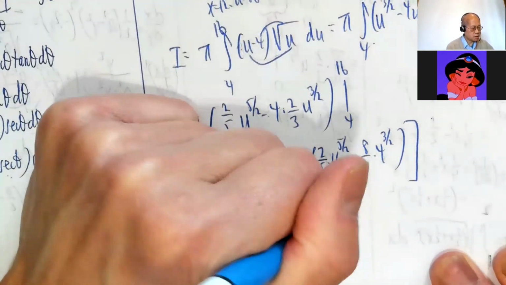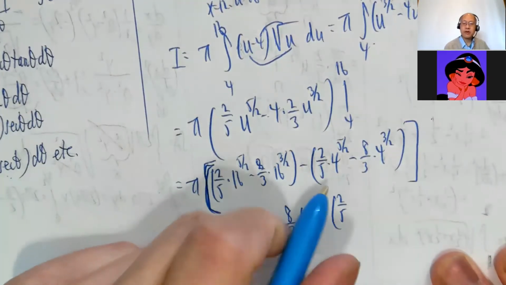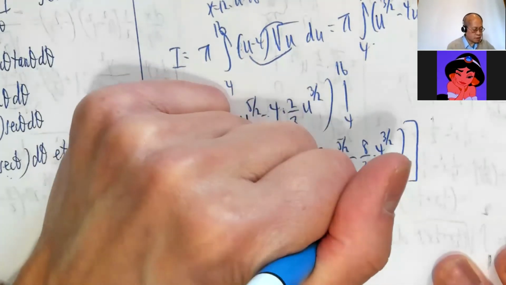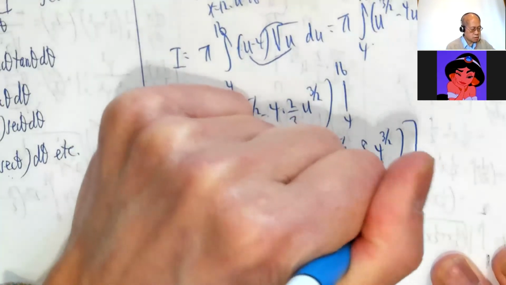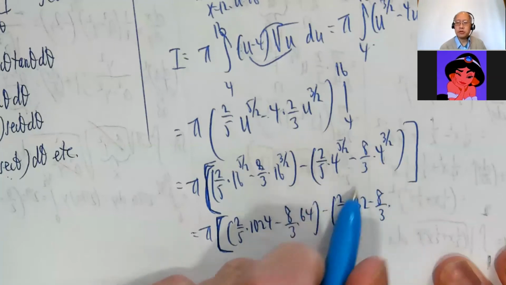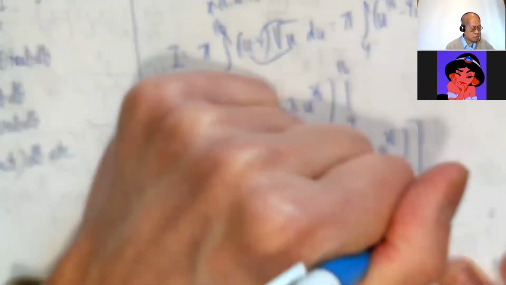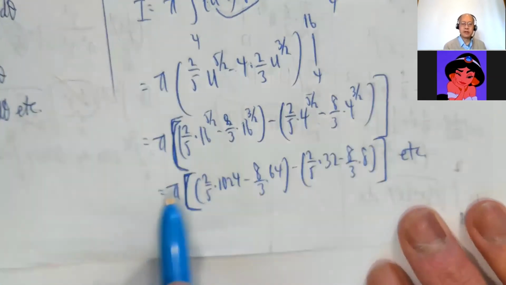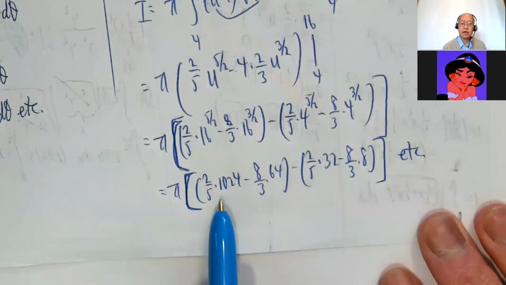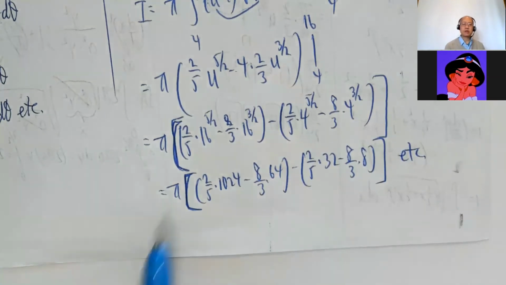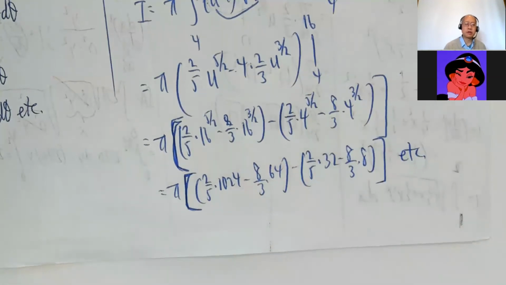Two fifths: square root of 4 is 2, 2 to the 5th is 32. 4 to the 3/2: square root of 4 is 2, 2 cubed is 8. And I'll just say etc. The rest is just arithmetic, get a common denominator. Common denominator would be 15, I guess. And multiply, that times that, and so on. And there we go.